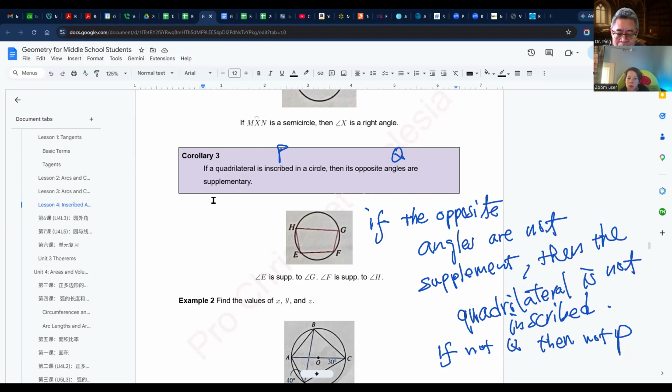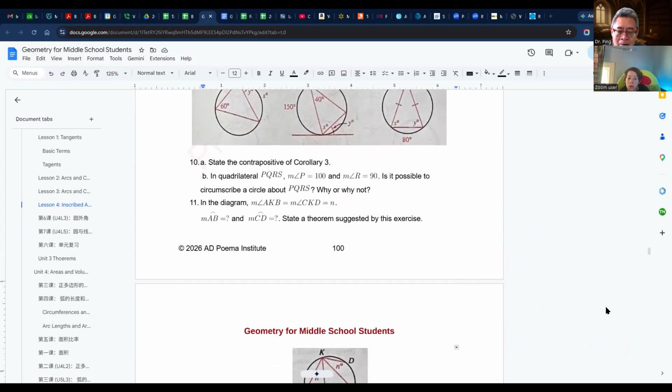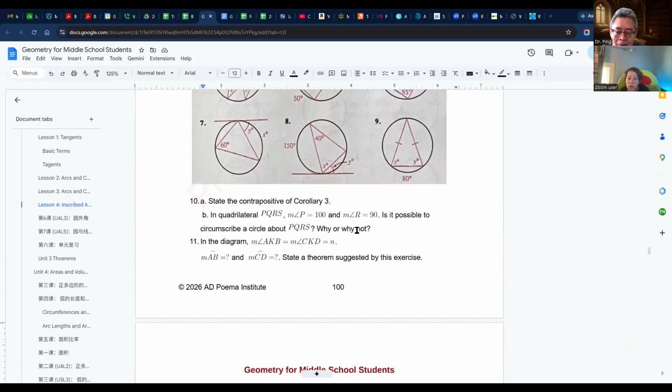Okay, and so we're going to see B. In quadrilateral PQRS, measure of P is 100 and measure of R is 90. Is it possible to circumscribe a circle about PQRS? And why not? Think about the contrapositive we just did.